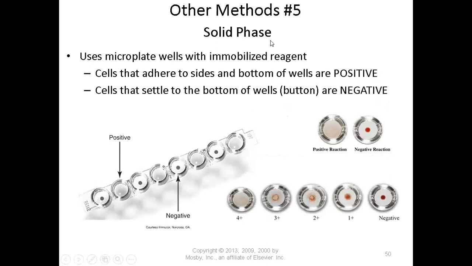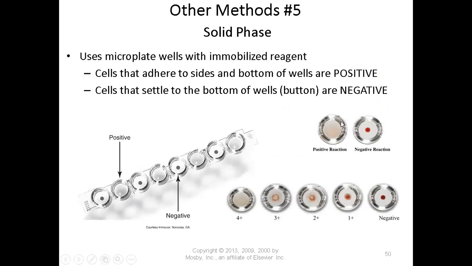Okay, so our next method is a little bit different. It's called solid phase. It also uses microplate wells, but it also uses immobilized reagents. And here, the interpretation is a little bit different. It's the opposite of the microtiter plate method we just looked at. With solid phase, cells that adhere to the sides and bottom of the wells are positive.